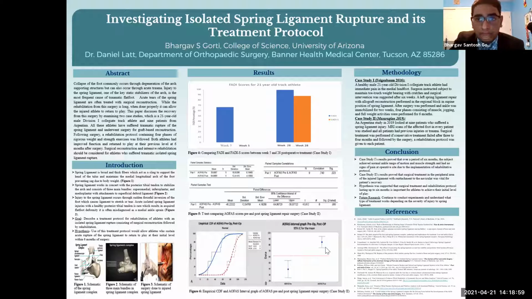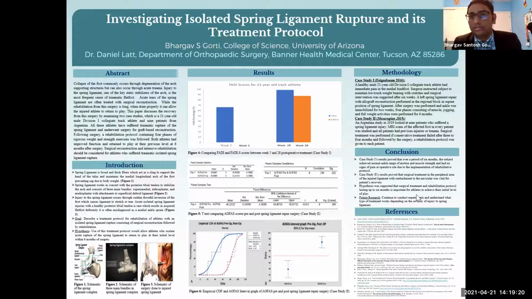And for the AOFAS post, the values go from around 75 to about 95, with the center around 85. This shows that the post treatment has been very effective because we're getting higher values compared to the pre treatment, which has lower values.